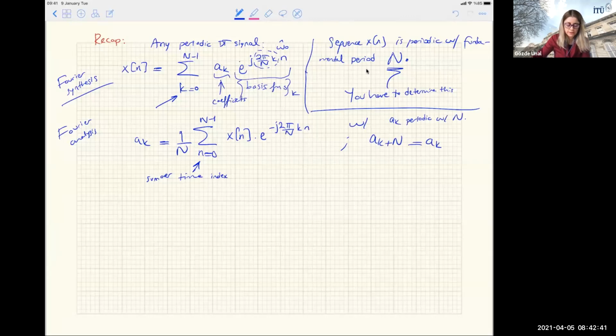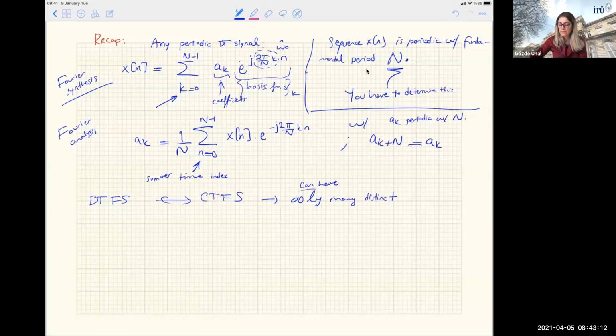So the discrete time Fourier series versus the continuous time Fourier series: remember, in continuous time we had infinitely many possible distinct a_k, which can happen to be the same value, but there can be many distinct a_k. The sum was k from minus infinity to infinity of a_k e to the j omega 0 t, which is 2 pi f0 k t, in the synthesis, of course.